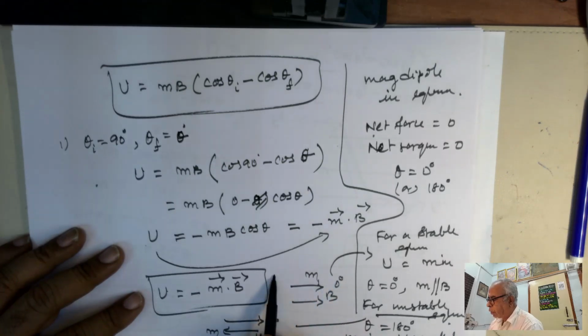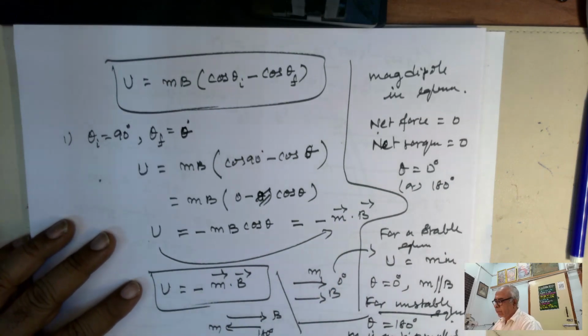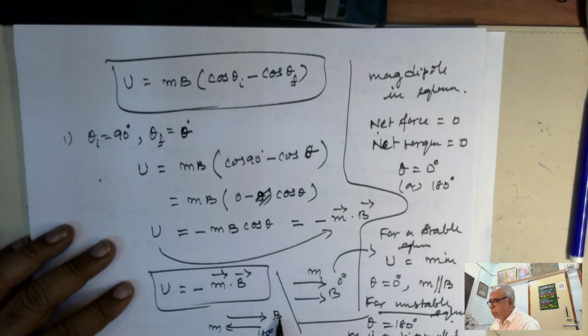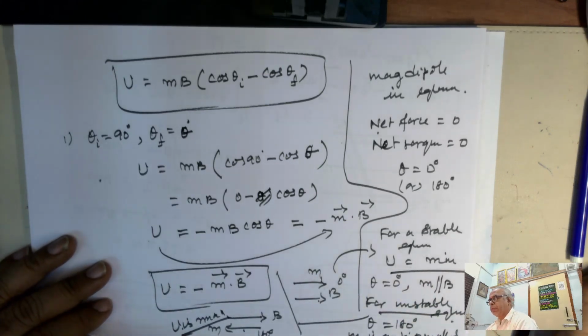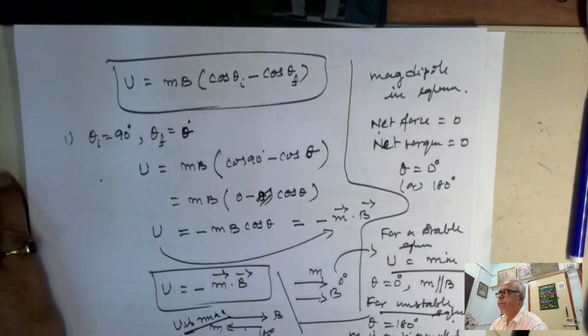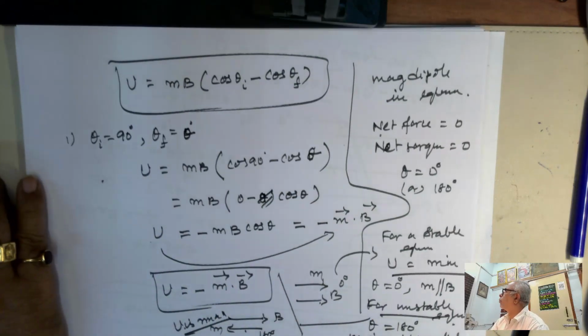This is 0 degrees. Do you understand this? The magnetic moment is anti-parallel to the magnetic field, that is 180 degrees, whereas M and B at 0 degrees is the other case. In the anti-parallel case, U is maximum. Here U is minimum. Don't forget that. So these are the two important cases.